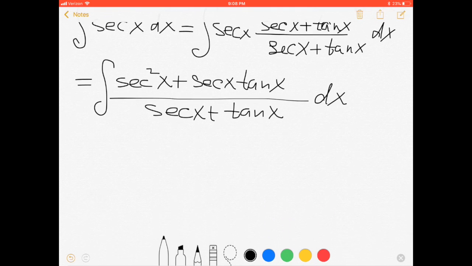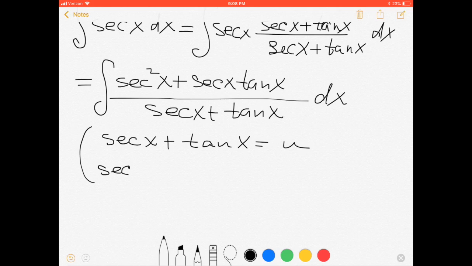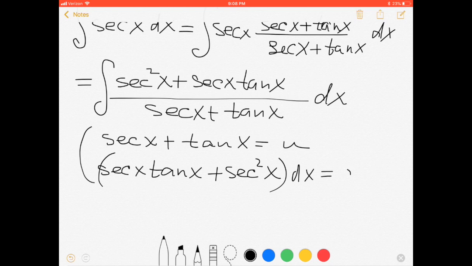Now I try a u substitution. Let secant x plus tangent x be u. Take the derivative. The derivative of secant is secant x times tangent x, and the derivative of tangent is secant squared x. Multiplied by dx, it will be du.